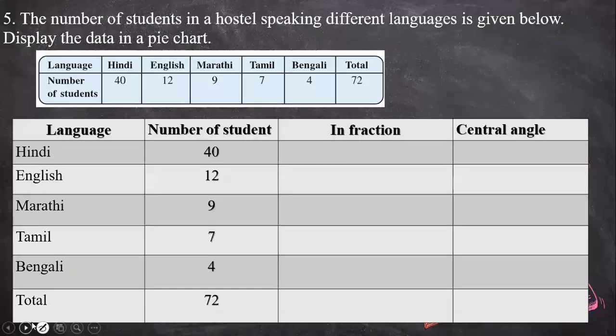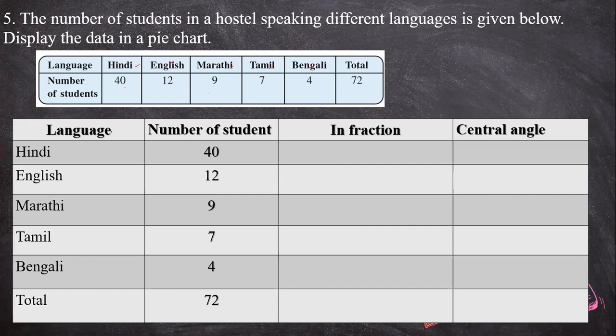Now the next question says the number of students in a hostel speaking different languages is given below. Display the data in a pie chart. These are the languages: Hindi, English, Marathi, Tamil, Bengali, and total 72 children. Out of that, 40 speak Hindi, 12 English, 9 Marathi, 7 Tamil, and 4 Bengali.